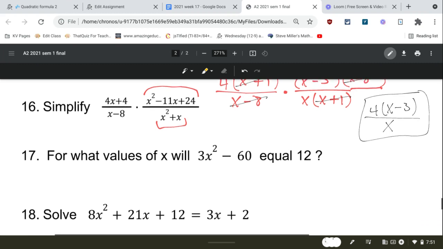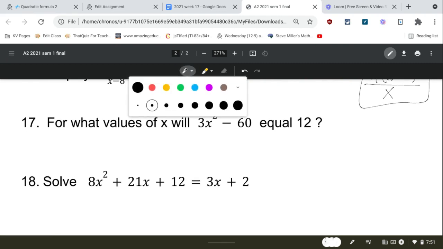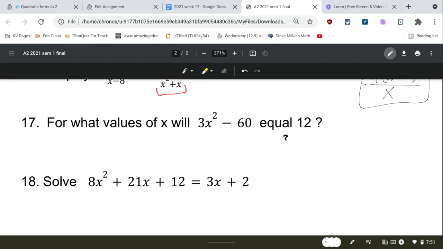Number 17, for what values of x will 3x squared minus 60 equal 12? All right, just got to write a little equation. 3x squared minus 60 equals 12. There's only one x in the equation, so I can just move the 60 to this side. 3x squared equals 72.